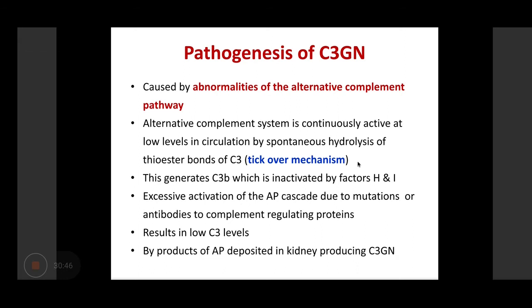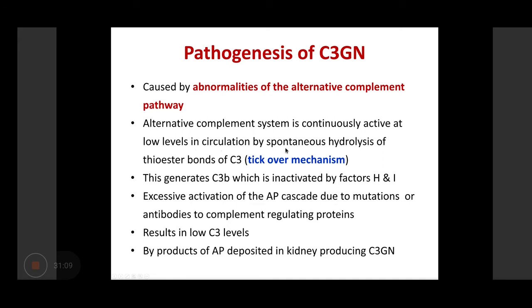So what is the pathogenesis of C3 glomerulonephritis? Pathogenesis is an abnormality of the alternative complement pathway. Now, in the alternate complement pathway, when you were taught complements in your initial lectures, you must have been told that it is in a continuously active stage at low levels of activity in circulation.